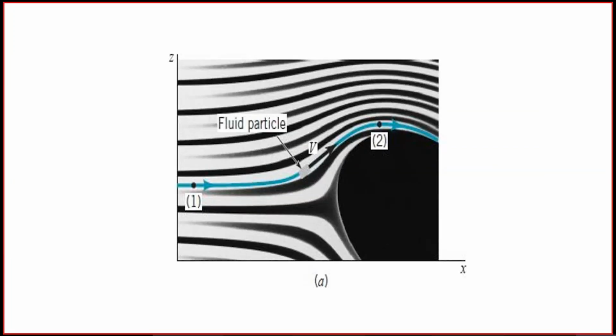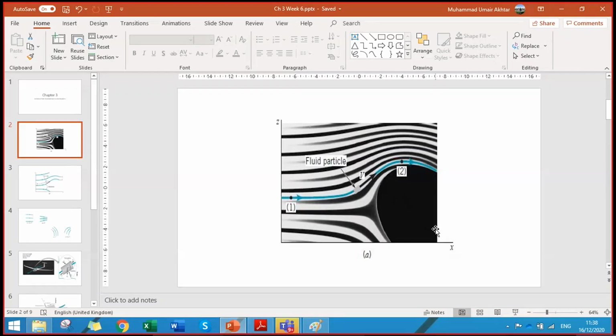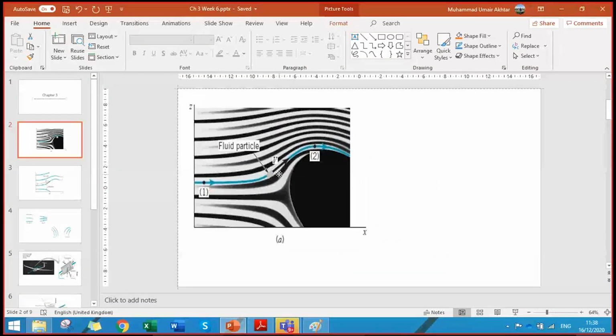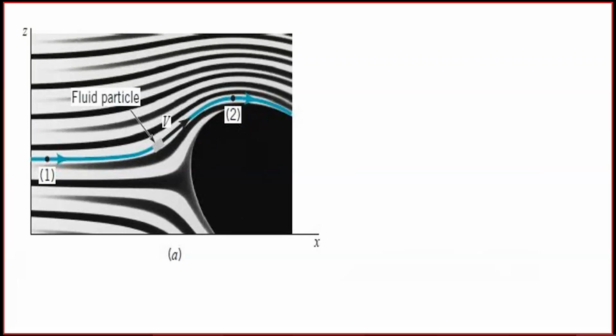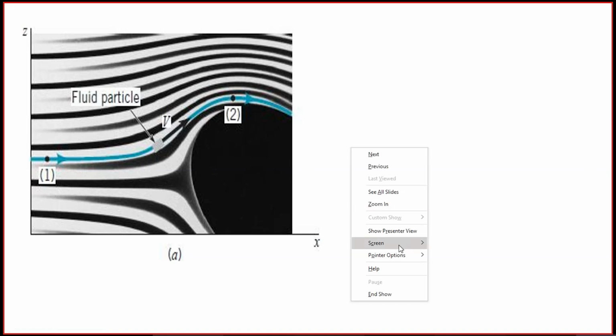So in general, we always consider the flow. In dynamics, you would have studied the motion of a particle, right? Have you studied the motion of a particle in dynamics? Yes, sir. Then you should have no difficulty in understanding fluid particle motion.